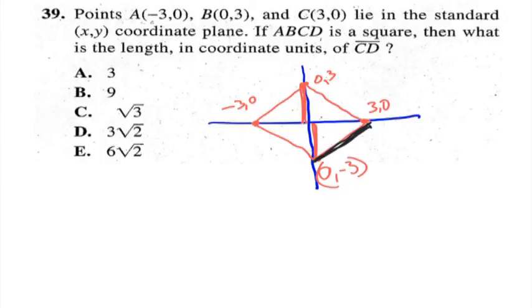We could do it using these points, but since it's a square, all sides are going to be the same. I'm going to do it using this one, because my x value makes the length of this triangle 3, and my y value makes that side 3. What I have is a 90 degree angle here. This is 3, this is 3. That means this is a 45, 45, 90. Remember your rule on that. If this is 3, this is 3, this side is 3 square roots of 2, and that makes D the answer to 39.